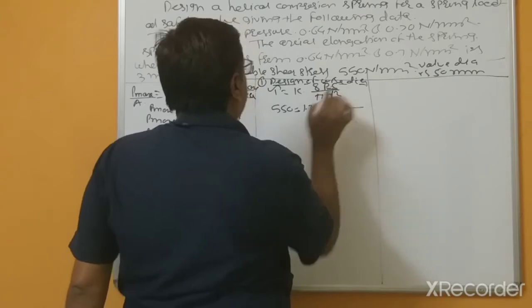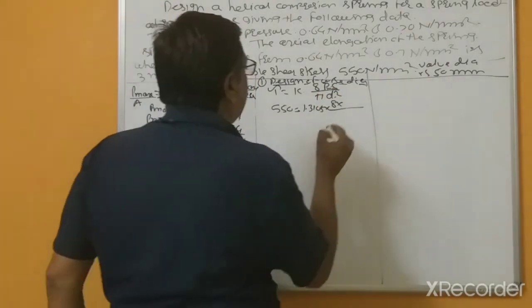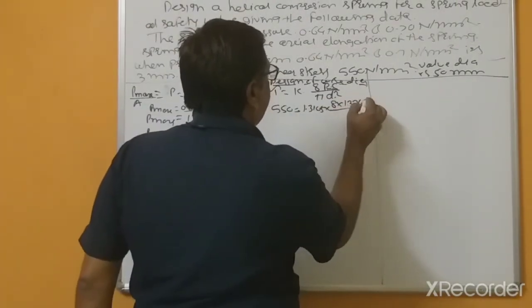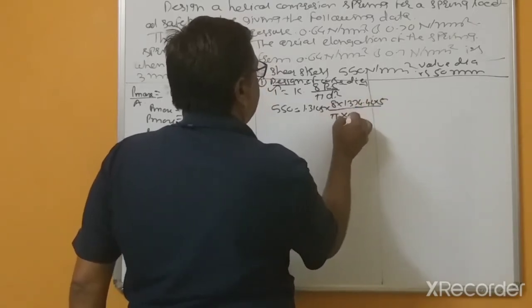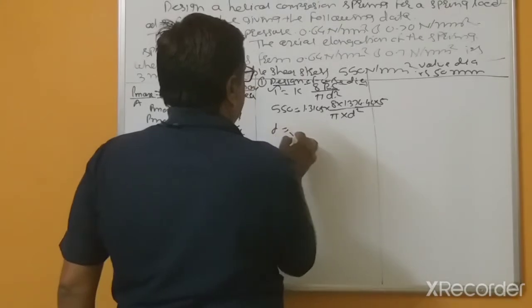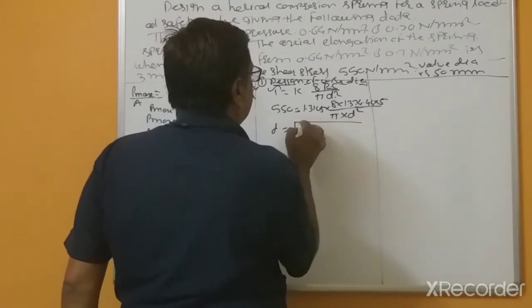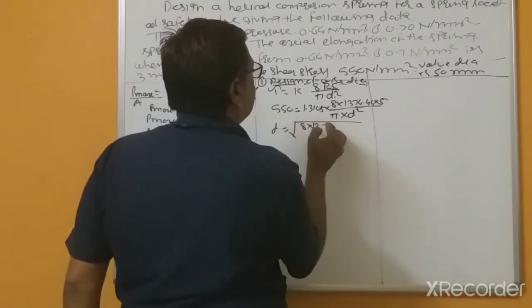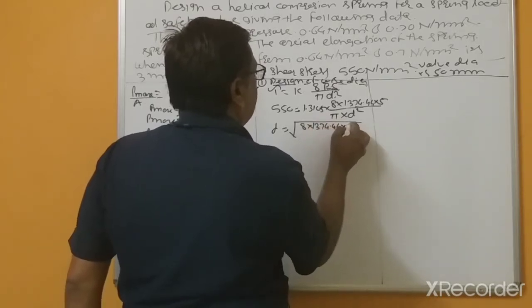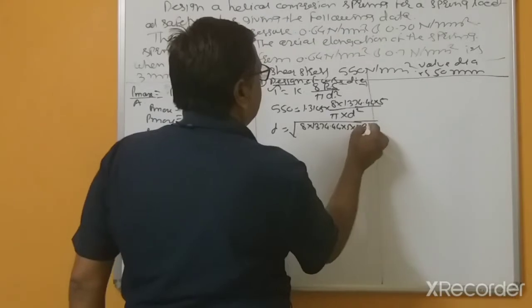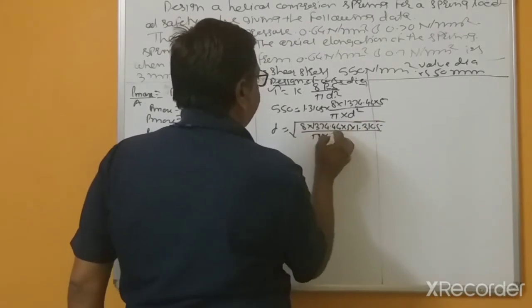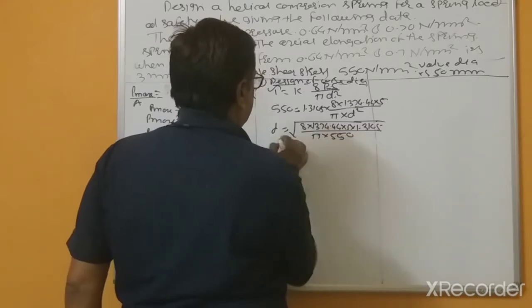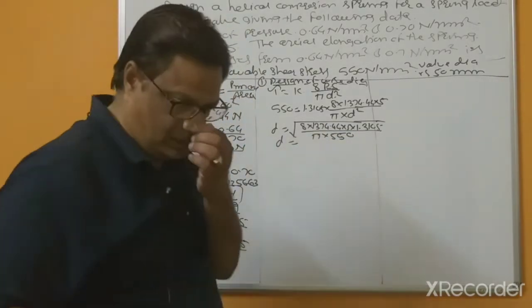So the maximum load of 1374.44, with C equal to 5, divided by d squared, so d equals the square root of 1374.44 multiplied by 5.